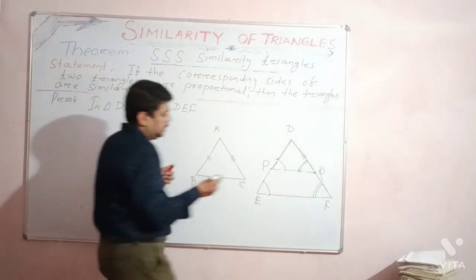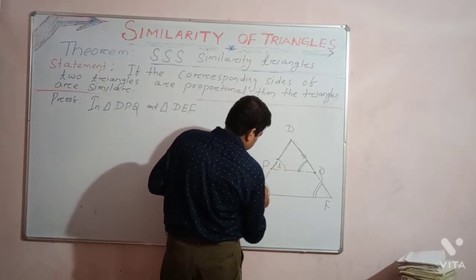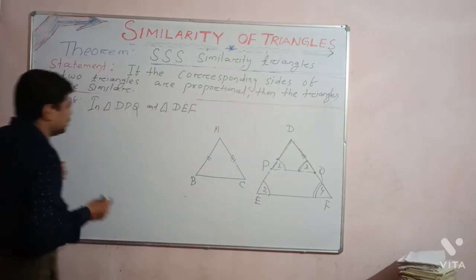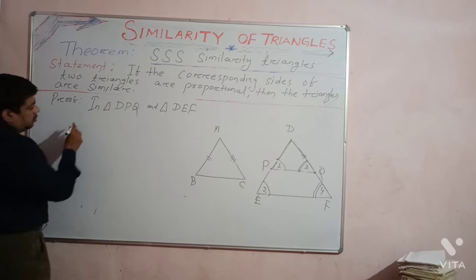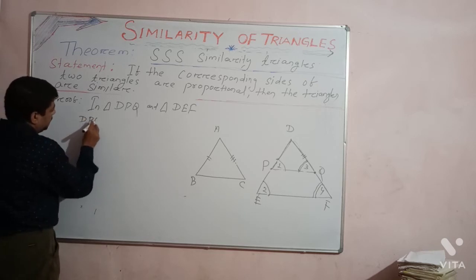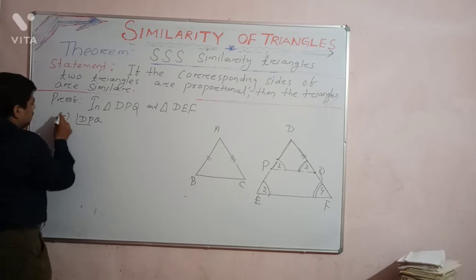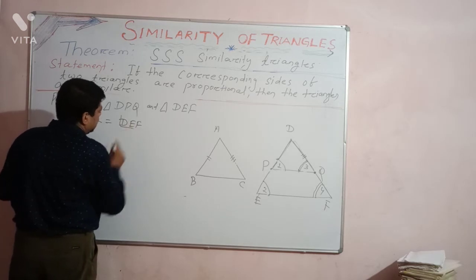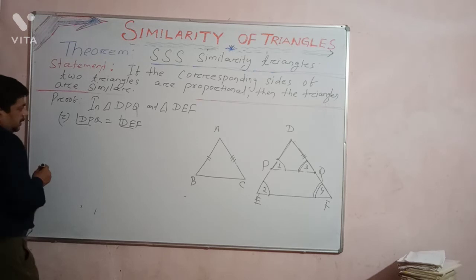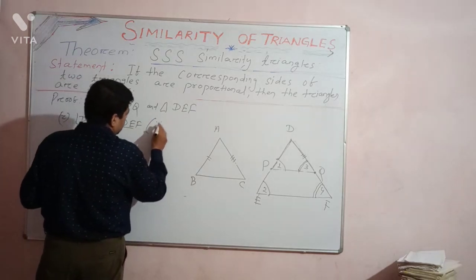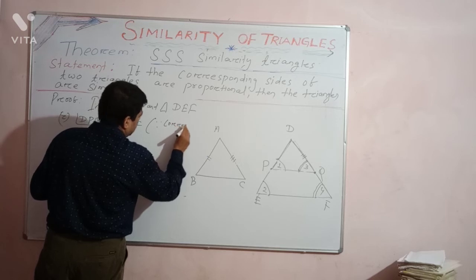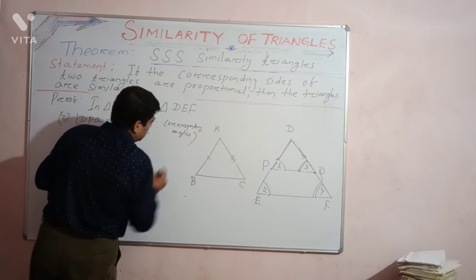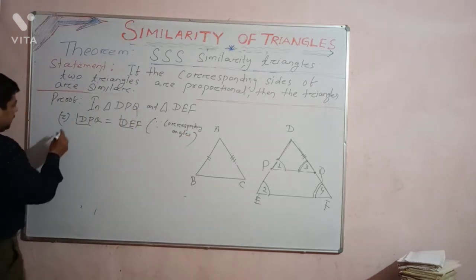Suppose angle number 1 is equal to angle number 2, already proved, and angle number 3 is equal to angle number 4, corresponding angles are equal. In triangle DPQ, angle 1 means angle DPQ, which is equal to angle 2, angle DEF. Why? Because they are corresponding angles, since PQ is parallel to EF.